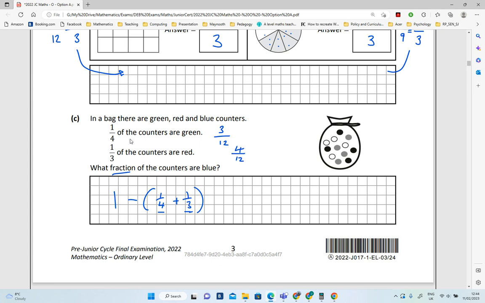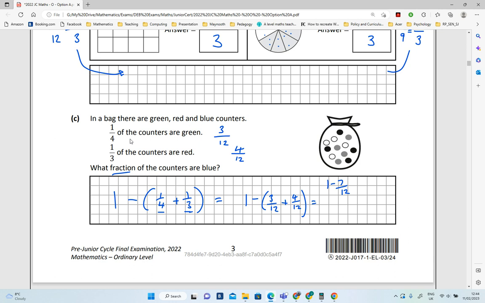So now I've got a fraction that I can work with. So it's 3 twelfths plus 4 twelfths, which will add up to 7 twelfths. Okay, so I'll just put it up here. 1 minus 7 twelfths.